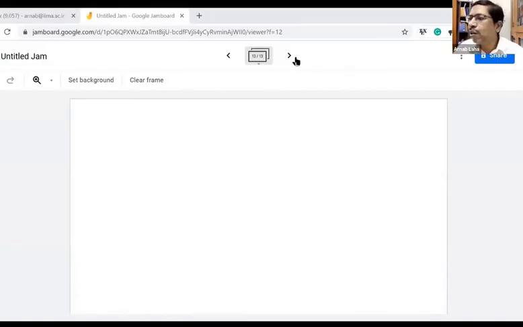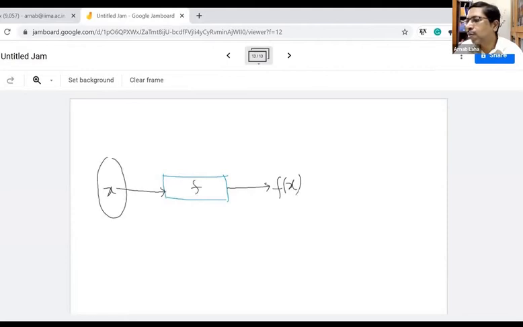One way of viewing functions is to think of this as a machine where you give an input x and what you get out is f(x). So for every input x, which comes from the set A, you get an output f(x), which is in the set B. Now, in composition of functions, we have two such machines.